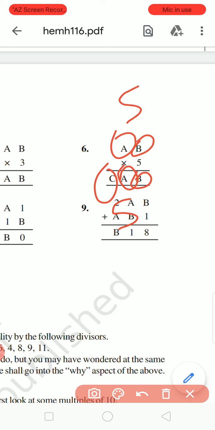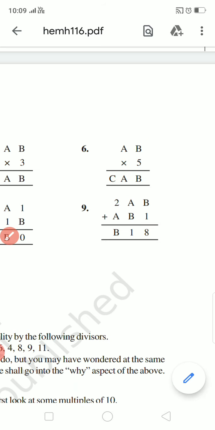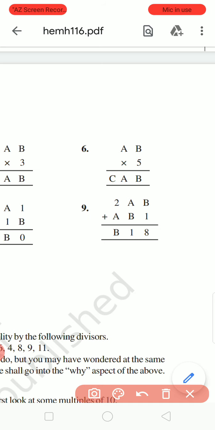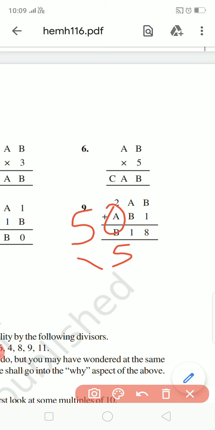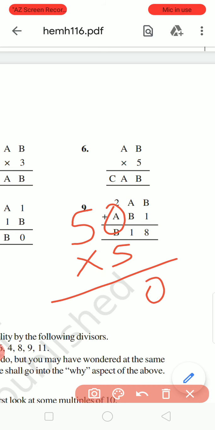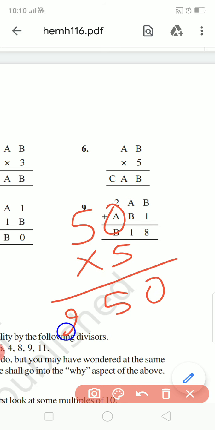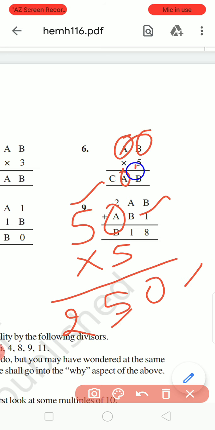So let me rewrite it. So instead of B, I want to write 0, and instead of A, I want to write 5. It becomes 50 multiplied by 5, that is 0. 5 fives are 25. So you can see A is same both places, 5, and B is same both places, 0.